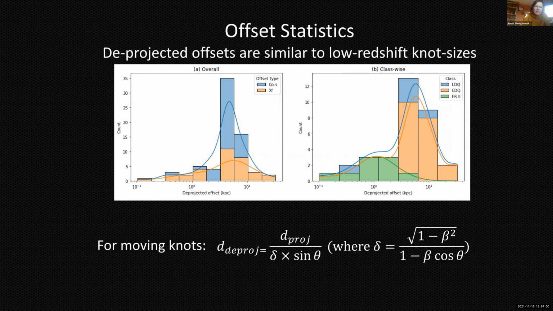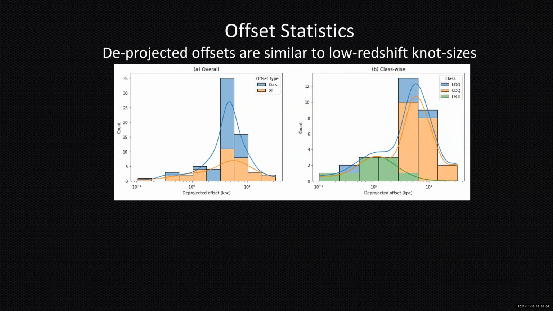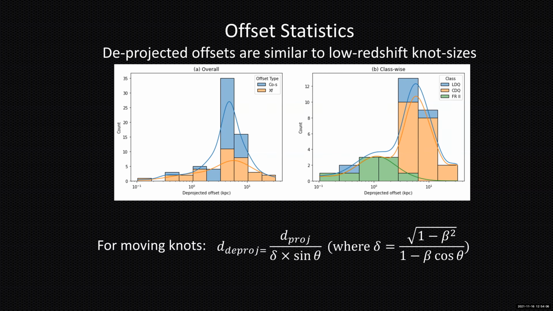Dan raised the hand. Can you go back to the slide with the equations? Yes, sir. So I'm confused about the deprojection because I'm thinking that the sine of theta is going to tend to be 1 over delta. I mean, it'll be a little smaller maybe, but I don't see the differences in the deprojected versus projected.